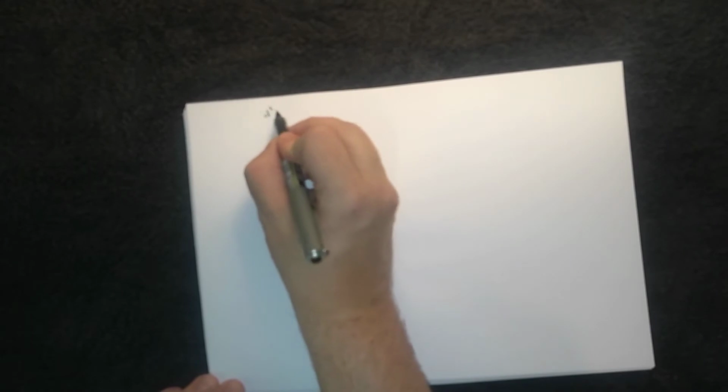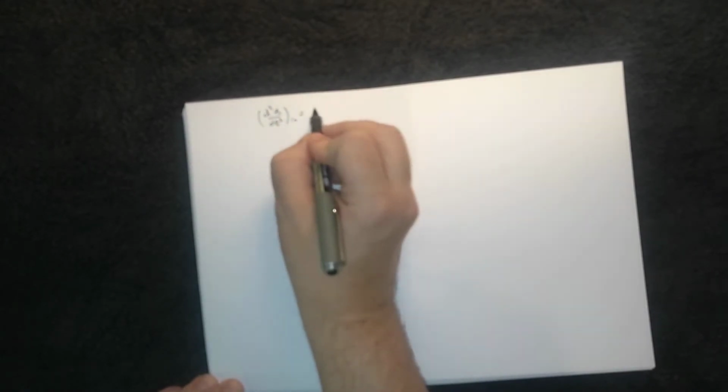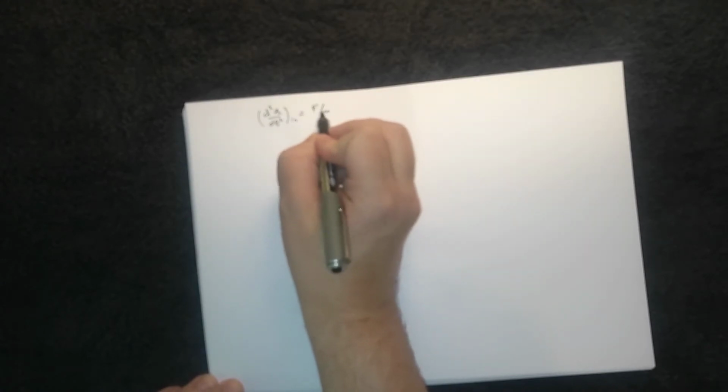So d2x by dt squared in the inertial frame, we're going to write that as the force divided by the mass.